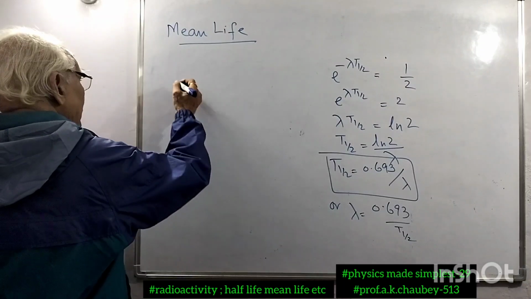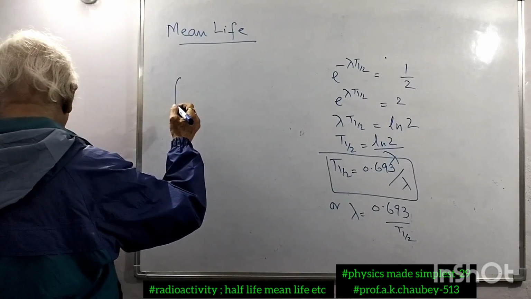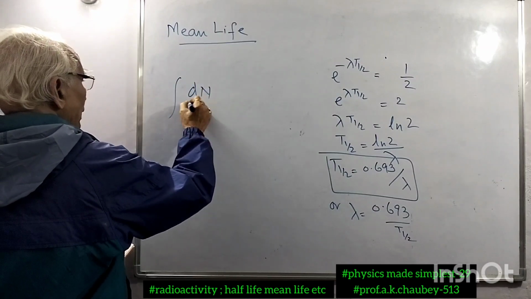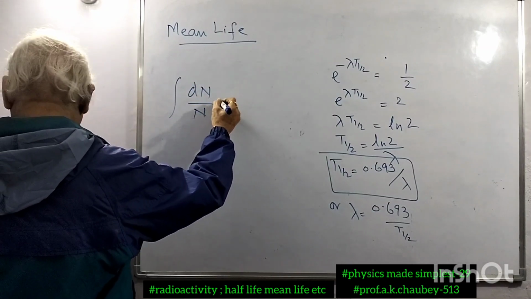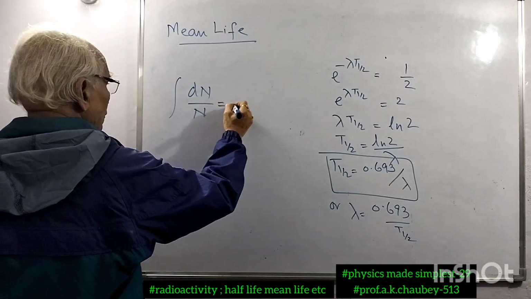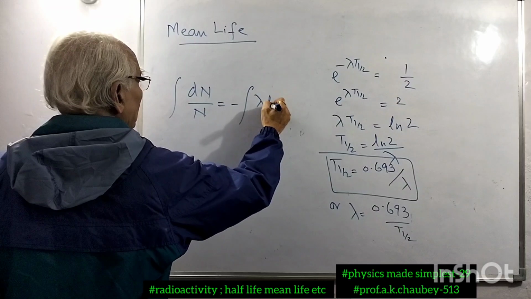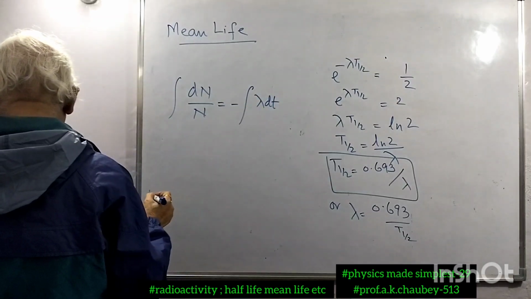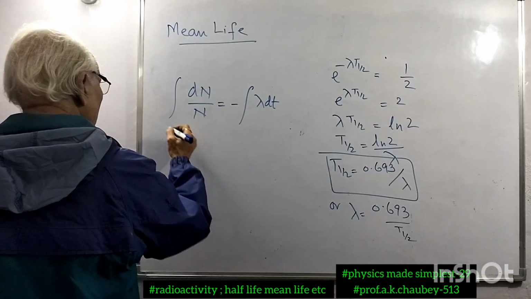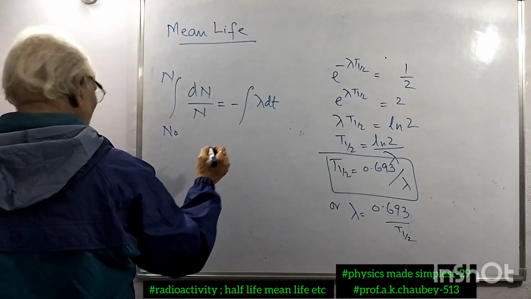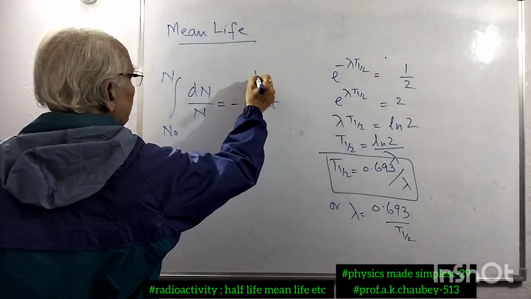And that we get from integration, from that equation we write dn over n is equal to minus lambda dt. This is from n0 to n, and this is from 0 to t.